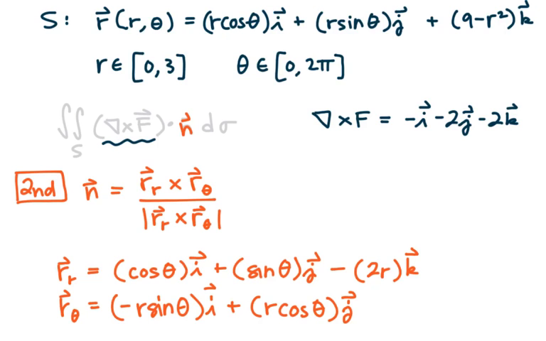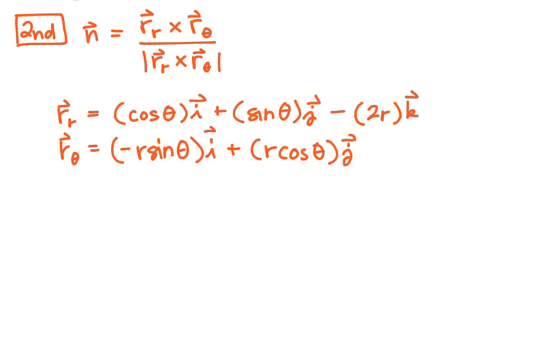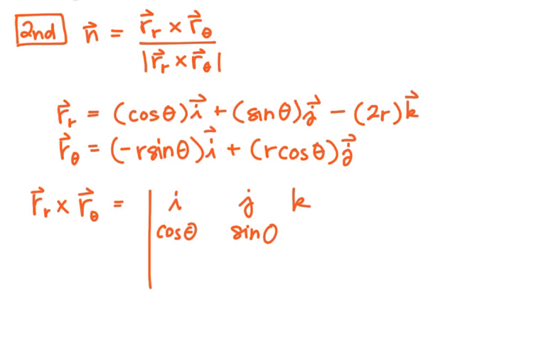So that cross product, r sub r cross r sub theta, it's going to be i, j, k, cosine theta, sine theta, negative 2r, negative r sine theta, r cosine theta, and 0.